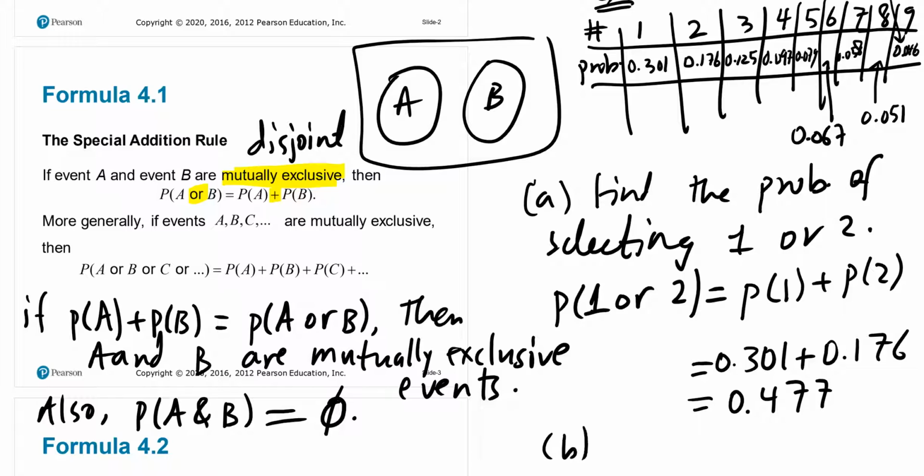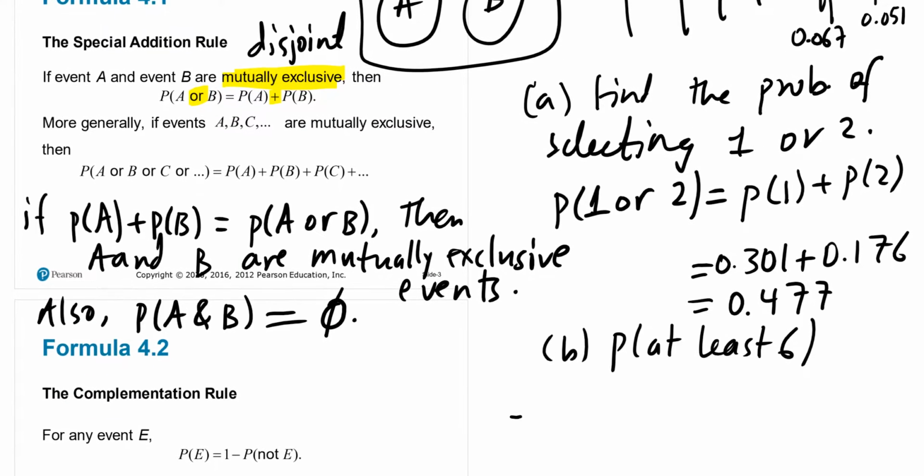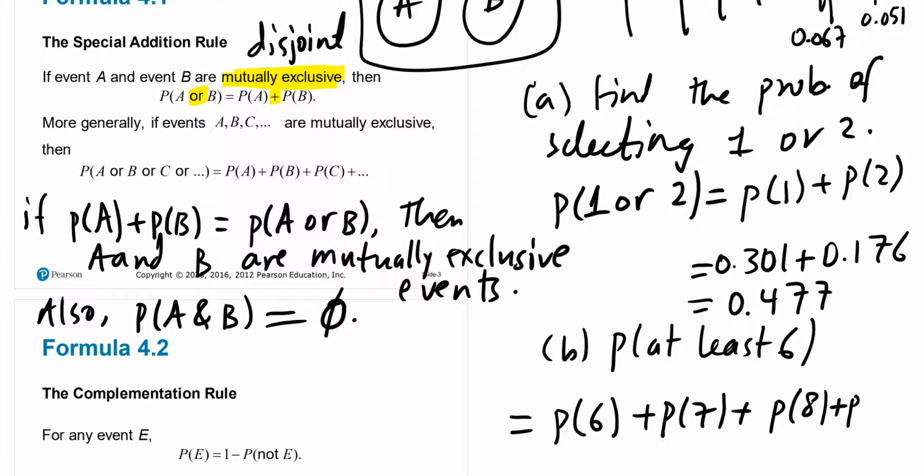For part B, what's the probability of getting at least 6? At least 6 means, since they're mutually exclusive, it's going to be the probability of getting 6 or 7 or 8 or 9 or 10. Is there a 10? No, there's no 10, up to 9.